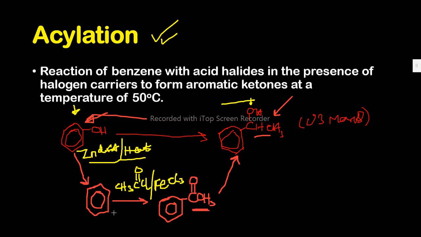We shall form this, and then we heat up to 50 degrees Celsius. If you don't have the heat, then you are not marked. Then we shall form this, and then from this, what should we do? We shall just reduce this to a secondary alcohol.